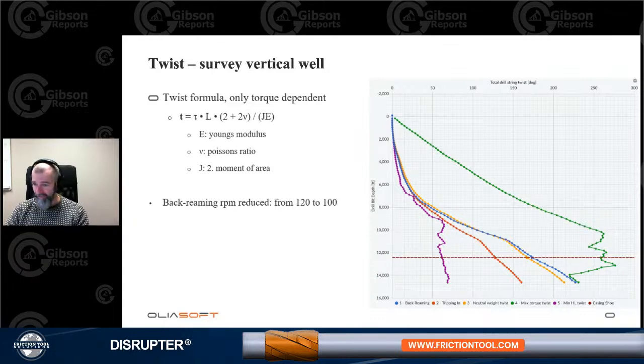But obviously, if you see such a thing when you look at your torque and drag results, it would be nice to try to figure out which component is causing this, right? Because you would preferably want to move that maximum torque line further over to the right, or the maximum torque twist line, as it's called in this plot, since it's the twist we're looking at.